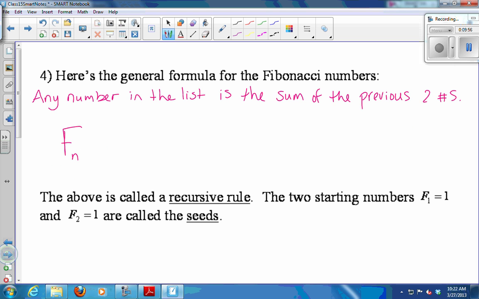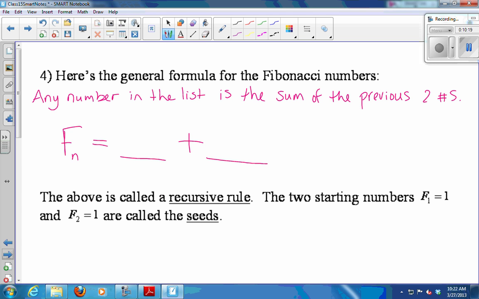So if I want to find any given number in the list, I would call it F sub n. That's an equal sign. F sub n, any number in the list, is the sum of the previous two numbers. The word sum means add, so I'm going to add the two numbers that come before F sub n.